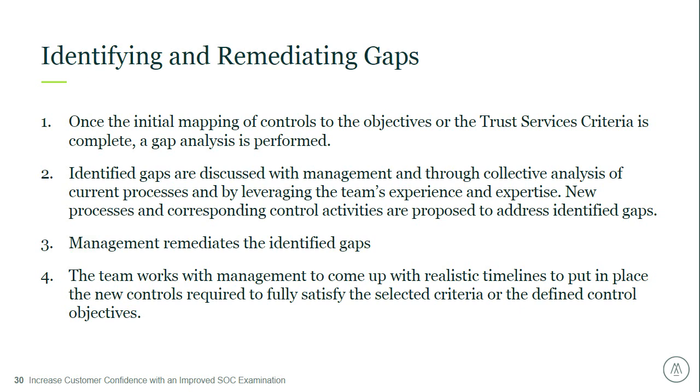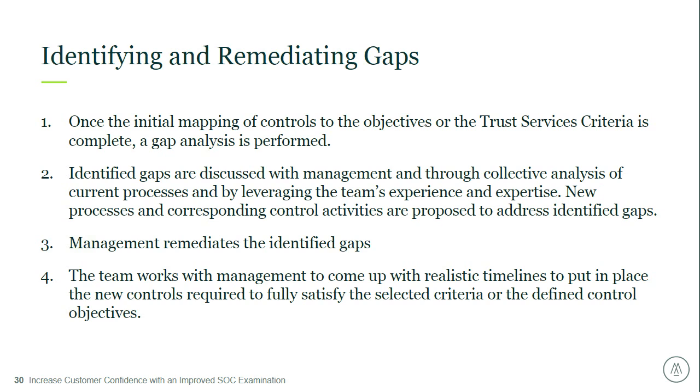Once the service auditor goes through that process and the gaps are identified, then you have to design new controls to fill those gaps. That's a collaborative effort between management and the service auditor to come up with the new controls that need to be put in place.